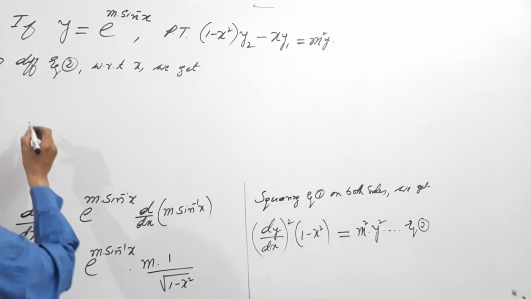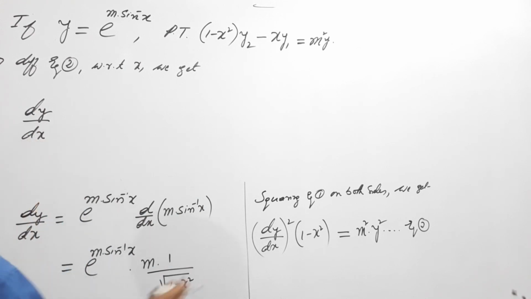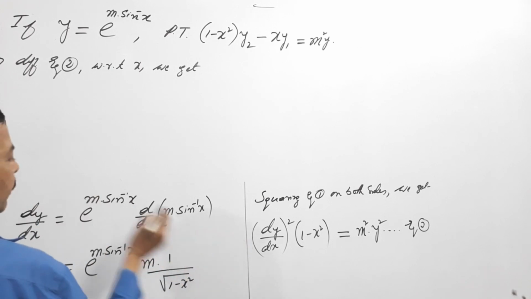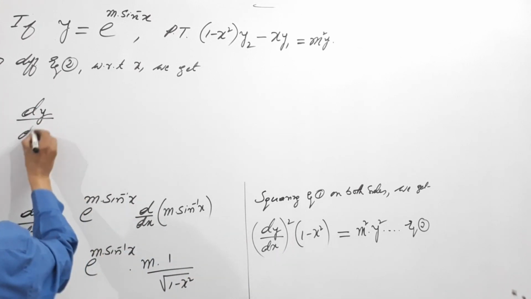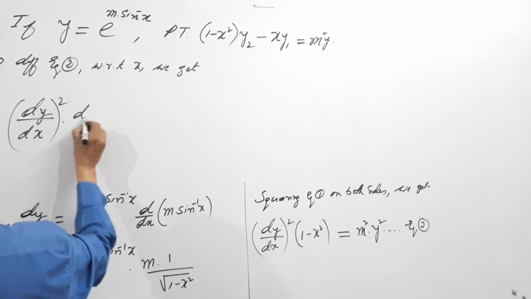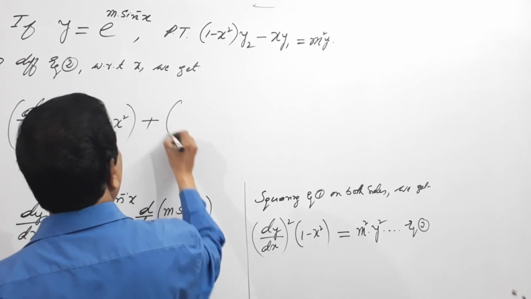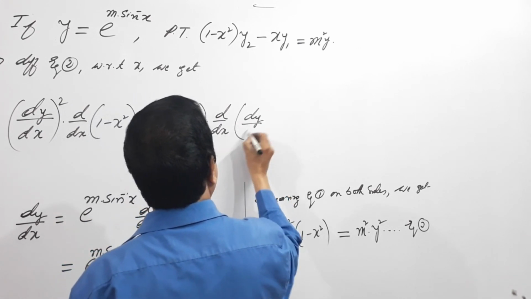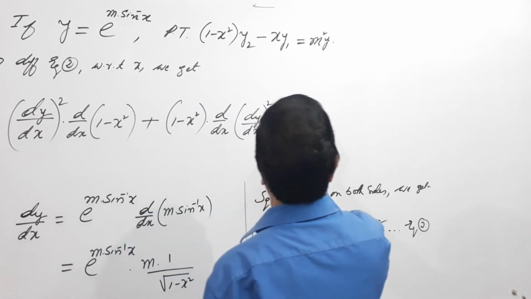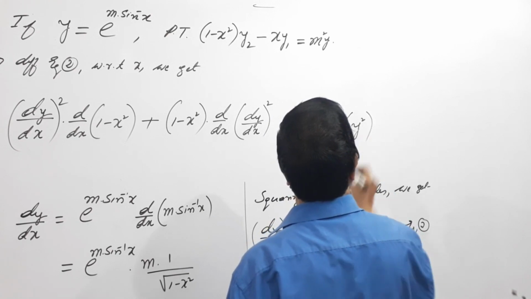So I keep the first function, dy by dx the whole square, as it is, d by dx of 1 minus x square, plus 1 minus x square into d by dx of dy by dx the whole square, equals m square, I'll take the m square outside, d by dx of y square.